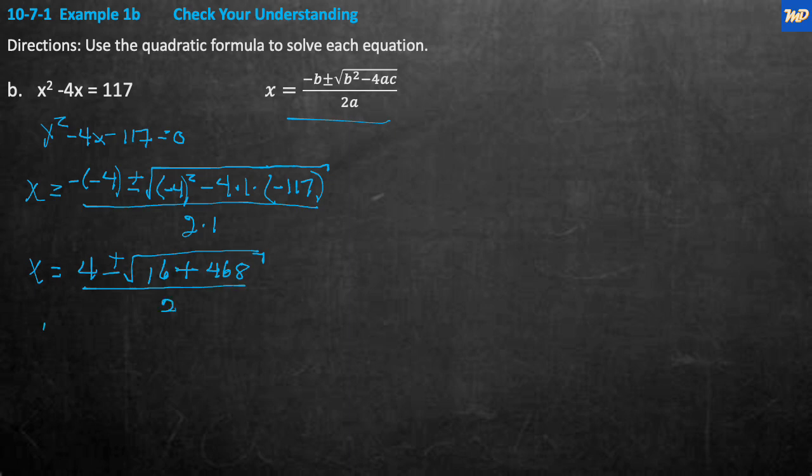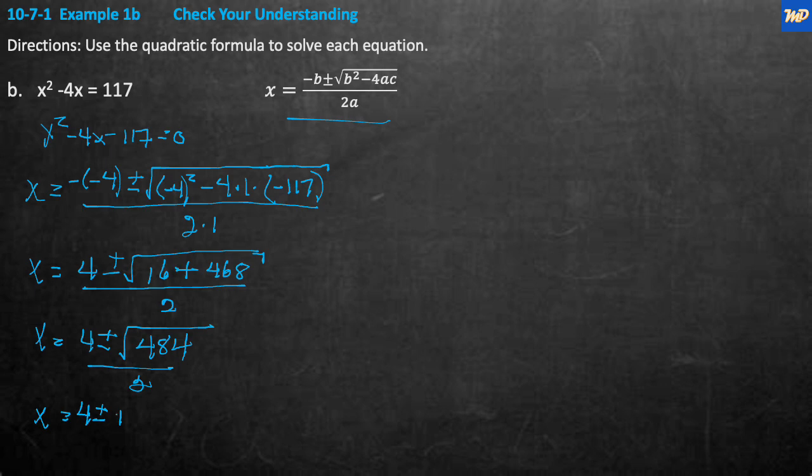Okay, so now we can say x is equal to 4 plus or minus the square root of 16 plus 468, which is 484, and that's over 2. And x equals 4 plus or minus the square root of 484, which is 11.